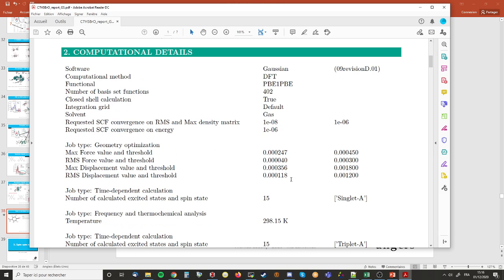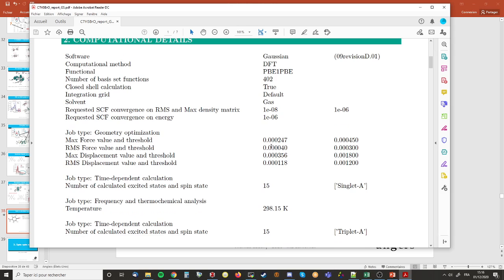We have the thresholds and the values obtained in the convergence. So we can see here that in the forces we are under the threshold, and in the displacement also. That means that we converged our ground state on 4 criteria.